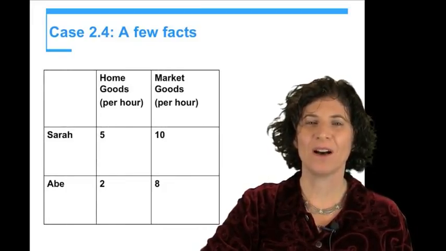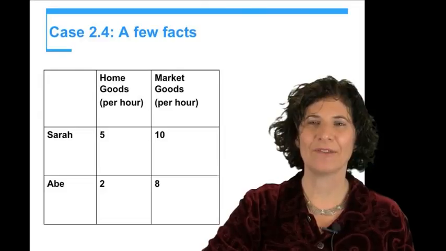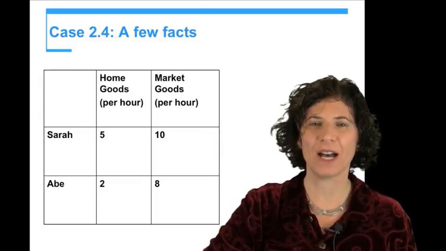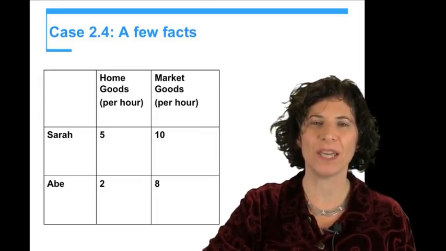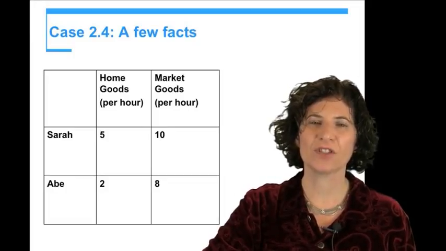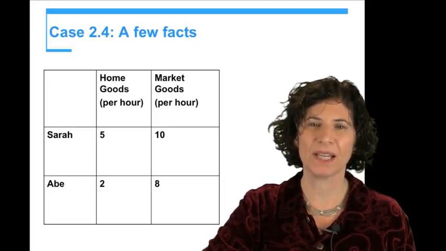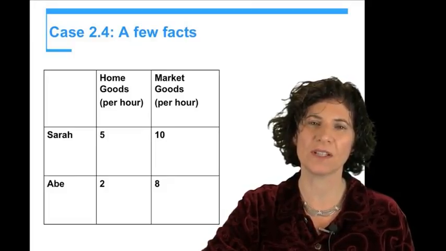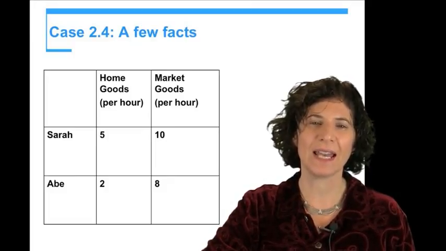For each hour of their time, if they spend it on the home front producing home goods, Sarah will be able to create 5 home goods, and Abe will be able to create 2 home goods. On the other hand, for each hour they spend in the marketplace, Sarah will be able to produce 10 units of market goods, and Abe will be able to produce 8 units of market goods.